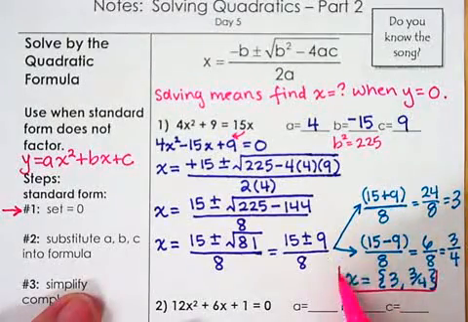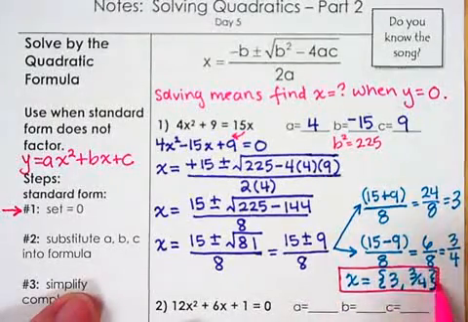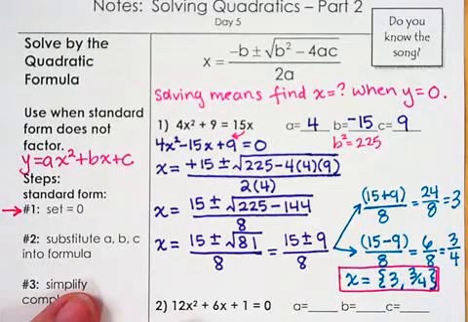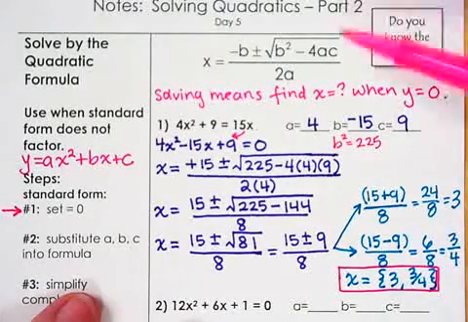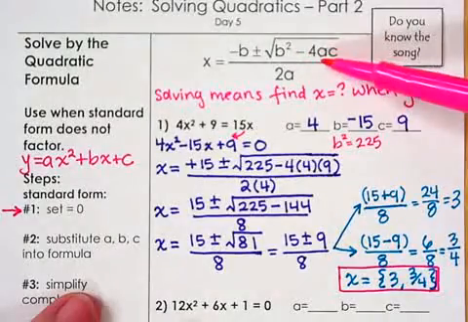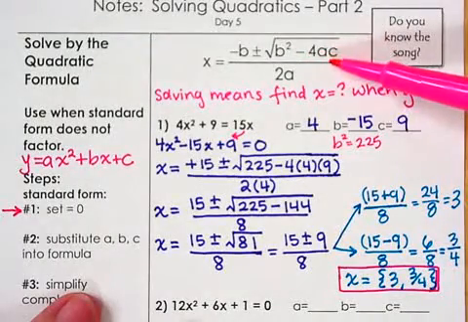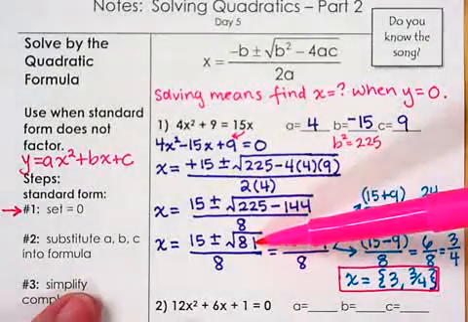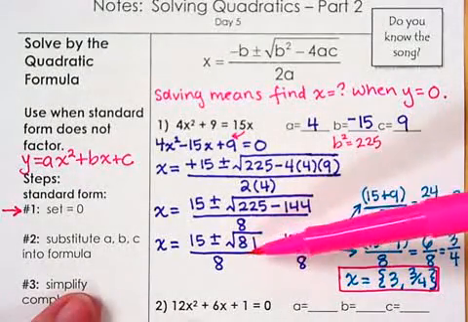Now, yesterday's lesson was on the discriminant. So if you realize, you'll notice here the discriminant that we were talking about really was that piece of the quadratic formula that was inside the square root, b squared minus 4ac. So when I get this all simplified down here, that 81 is the discriminant.